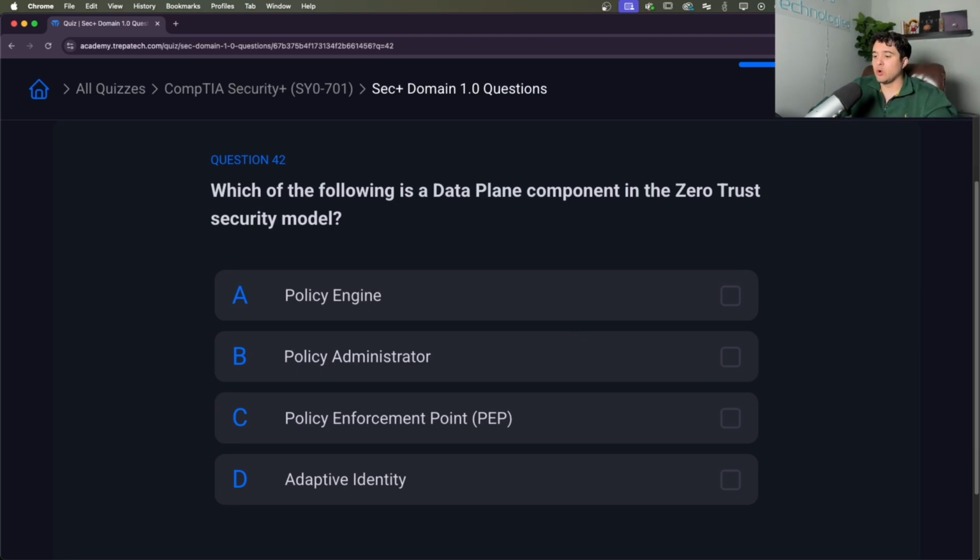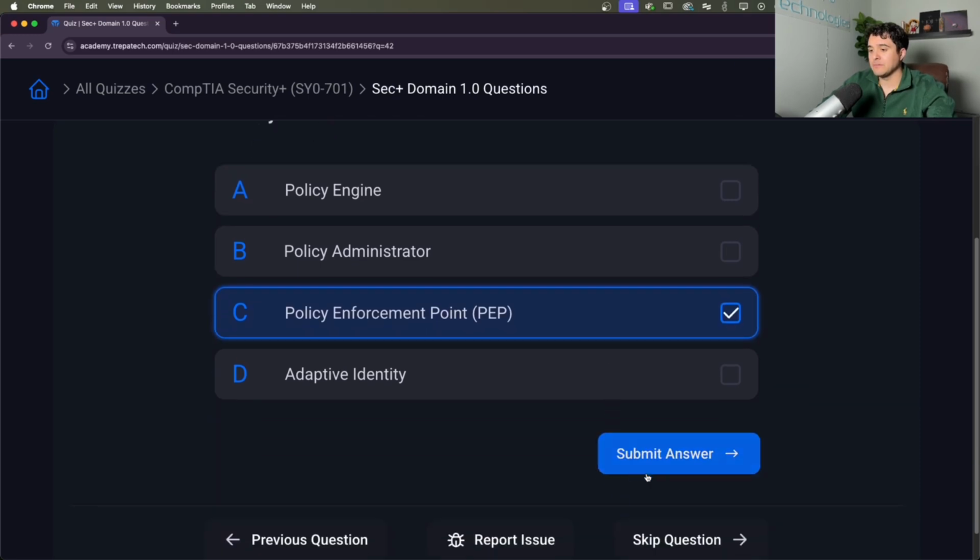So adaptive identity is just something we want, something that we'll configure. A policy administrator is in the control plane. That is the person that configures our authentication policies. So policy engine, policy enforcement point is what I would guess, but it's PEP, right?